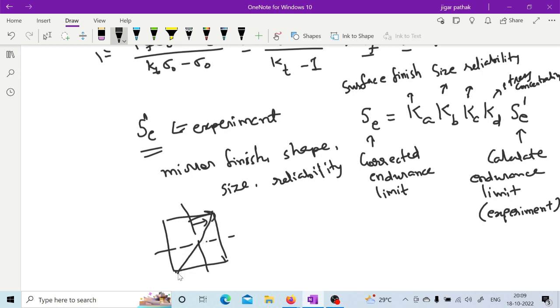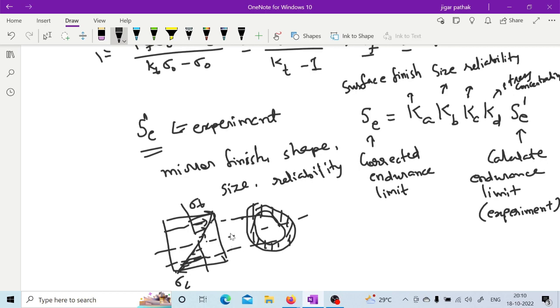From here to here it goes tensile to compressive, sigma T to sigma C. So in the case of a shaft, this particular area, highlighted with the hatch lines, is going to experience more stress, while at other places not that high stresses are generated.